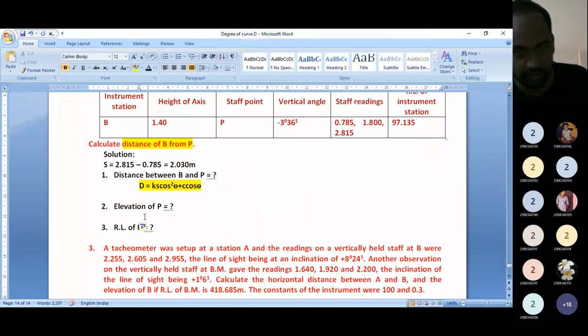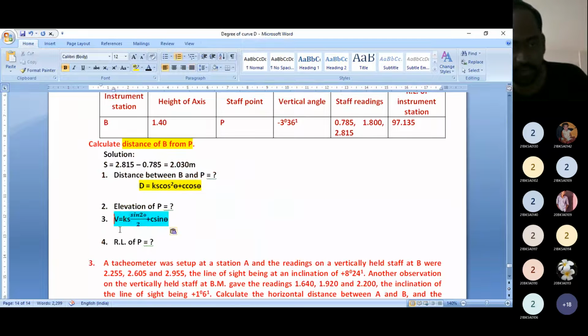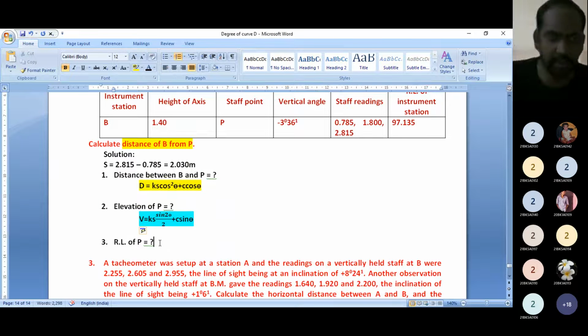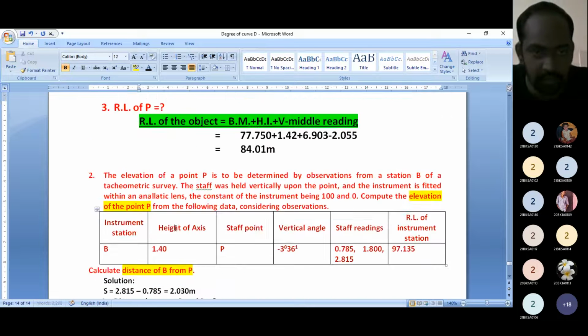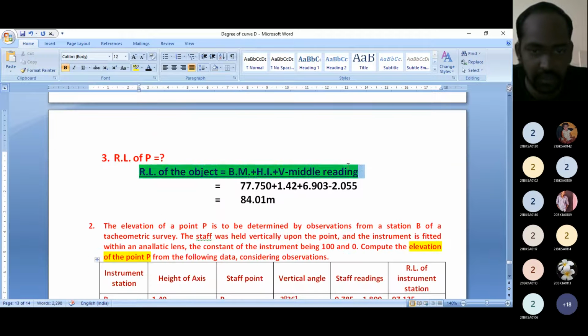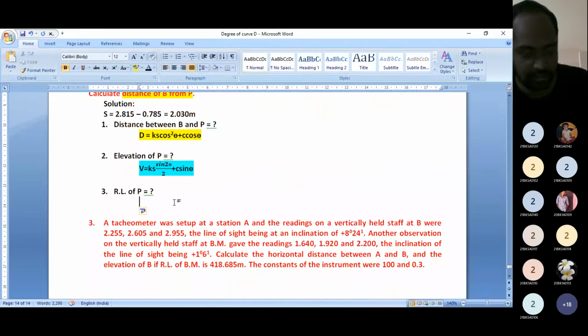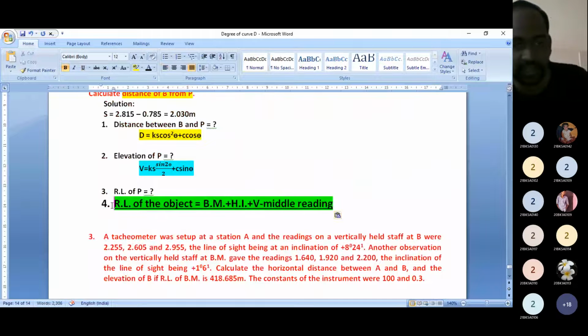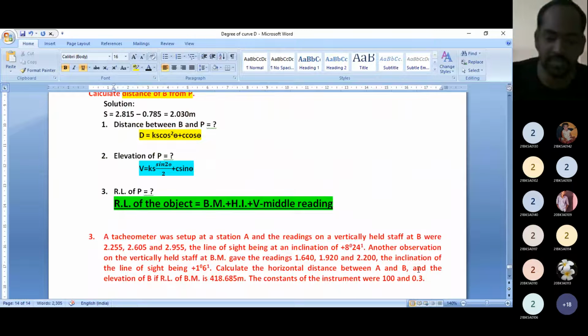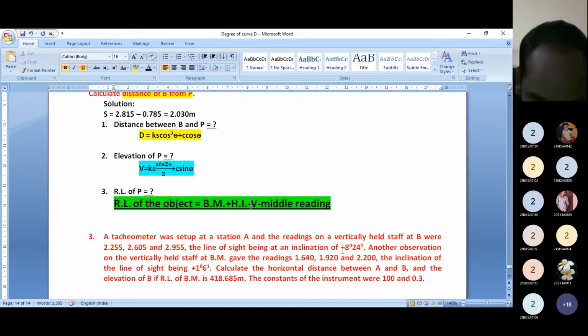V is equal to Ks sin 2 theta divided by 2 plus C sin theta. And RL of P we have a formula. RL of P can be calculated from the benchmark plus height of the instrument plus V minus middle reading, to be done whenever angle of elevation is given. Whenever angle of depression is given, it means minus. In that case, we have to do minus V. So benchmark plus height of the instrument minus V minus middle reading.